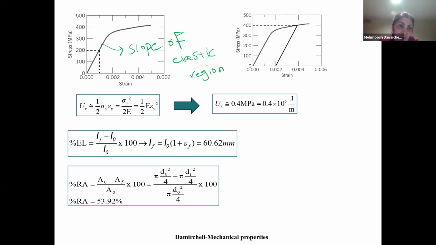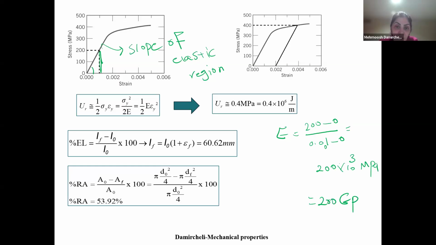Okay, so if you consider this triangle, tangent theta is the opposite side over the adjacent side, so E is 200 minus 0 divided by, for example, 0.01 minus 0, and it should be 200 times 10 to the 3 megapascal, or 200 gigapascal, okay?